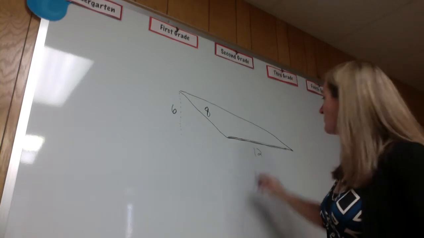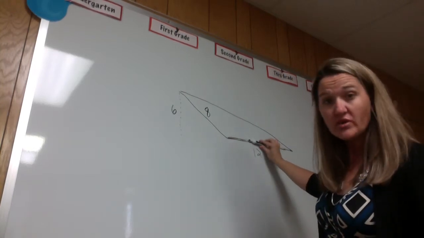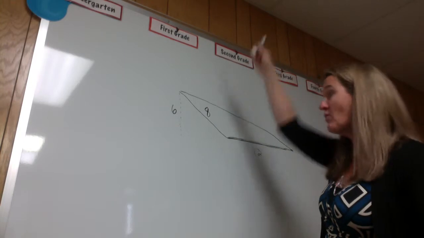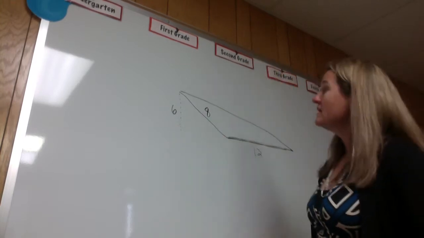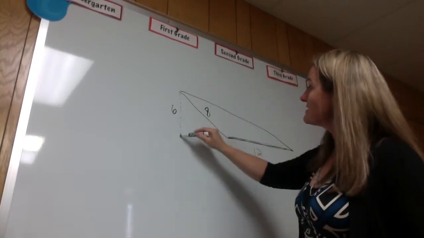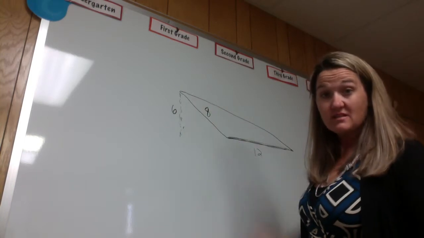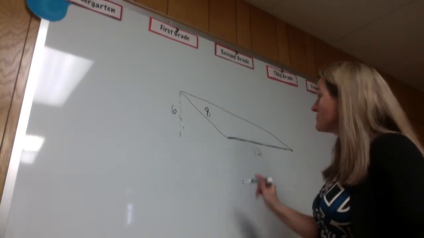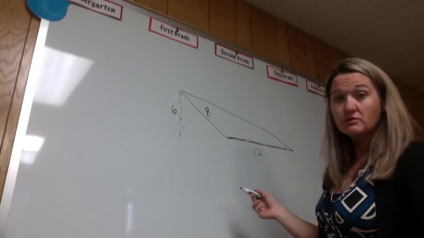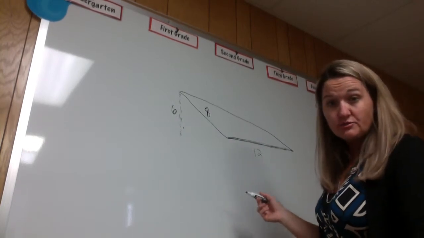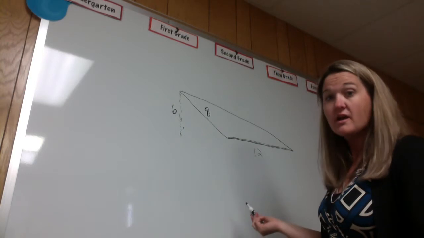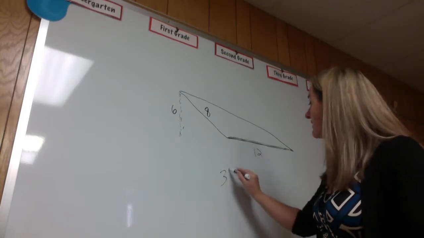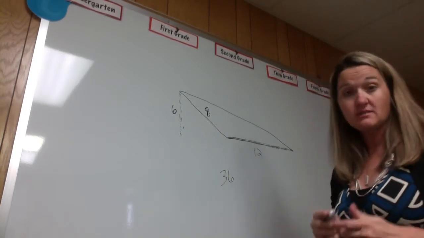But in this case, we've got the base, but we need the height. What is the point that goes straight up from the ground? In this case, it's the 6. The height is 6. That's what you're going to use, not the 8. So then you would do 6 times 12, that's 72. Cut it in half, that's 36. The area of this is 36.